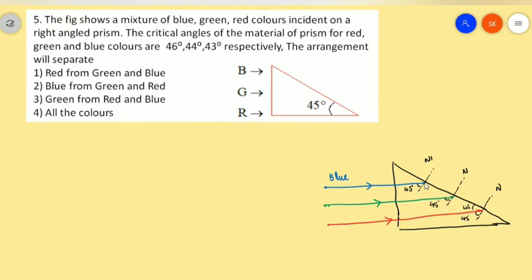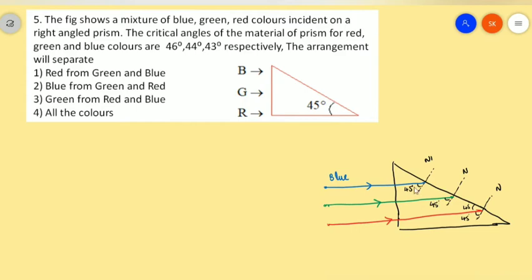Some color may refract and go that side, and some color may reflect and come back. Like that the colors will be separated. Let us see what is the condition for the reflection and what is the condition for the refraction. If a blue light ray is incident like this, it undergoes reflection like this. You see the picture, and I wrote this as a 45-degree angle.